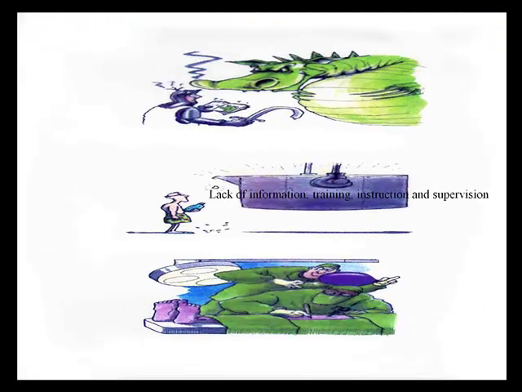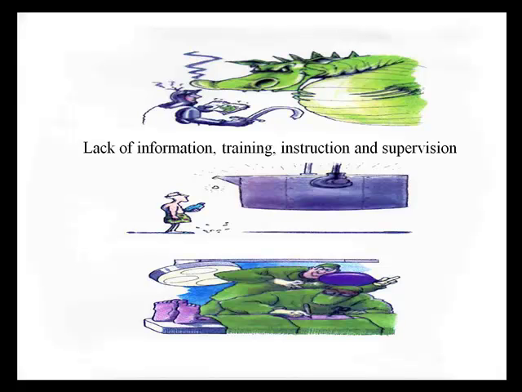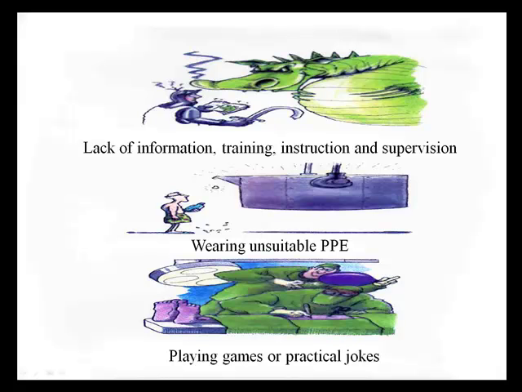Other causes of accidents: first of all, lack of information, training, instruction and supervision, which is a responsibility of whom? It's the responsibility of your employer. Also wearing unsuitable personal protective equipment, or another big cause of accidents, playing games or practical jokes.